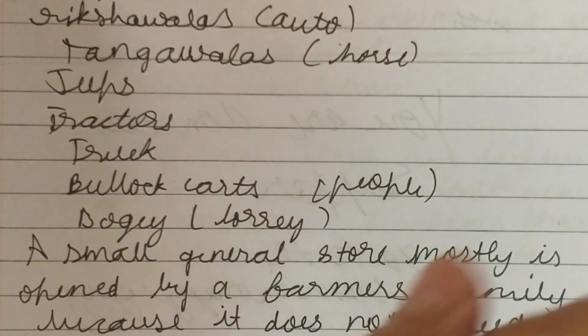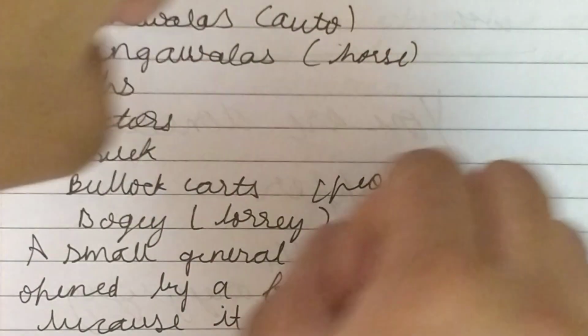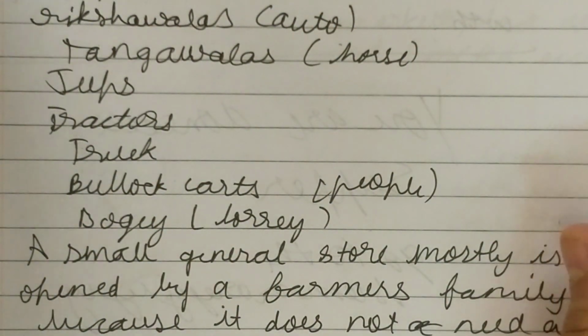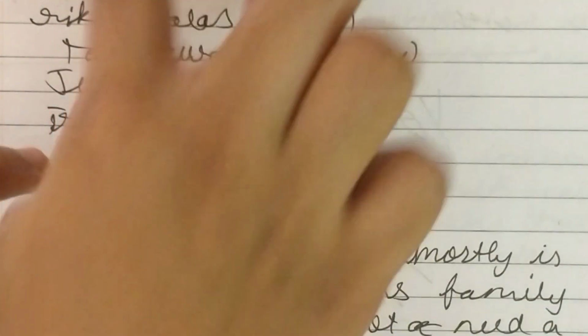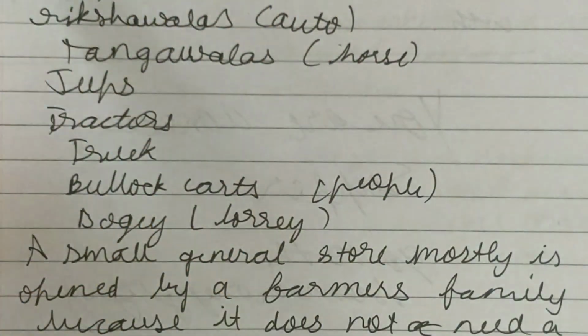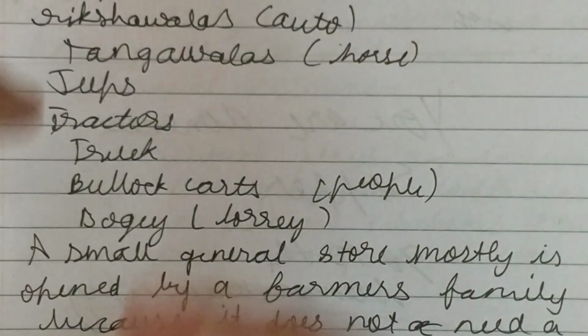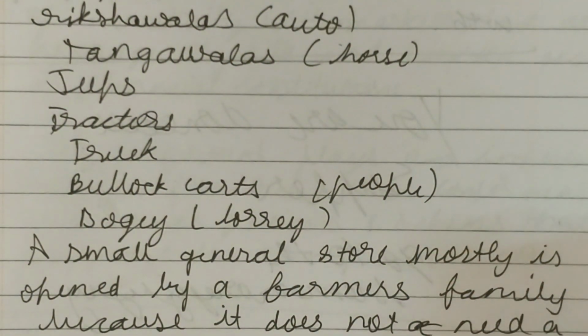With bullock carts, sometimes people will pedal a cycle, and there is something like a bullock cart with a cycle at the front, so they have to pedal it to go forward. So that's it. And a lorry. Obviously you know about the lorry, right?